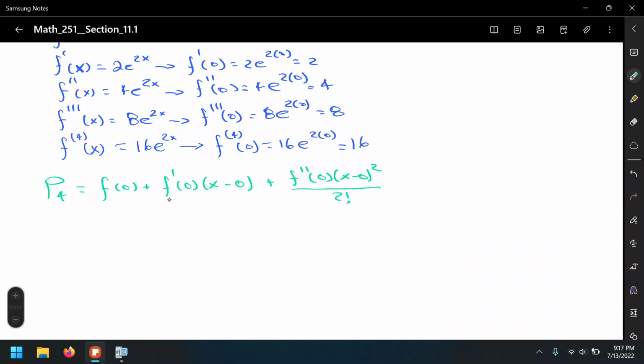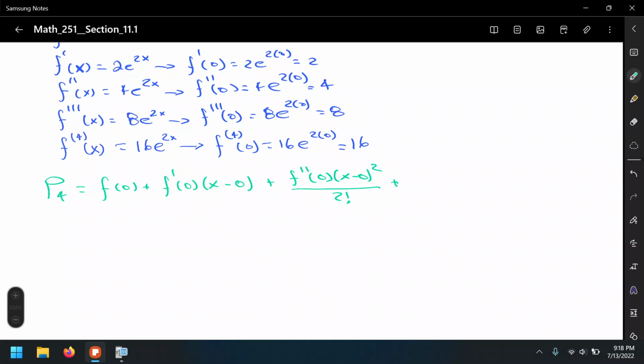Technically this is a 1 factorial, but 1 factorial we know is 1. This is a 0 factorial technically, which is also 1. So that's why I didn't write them in the first place. It's fine if you don't write the first two; we start writing from the second on.